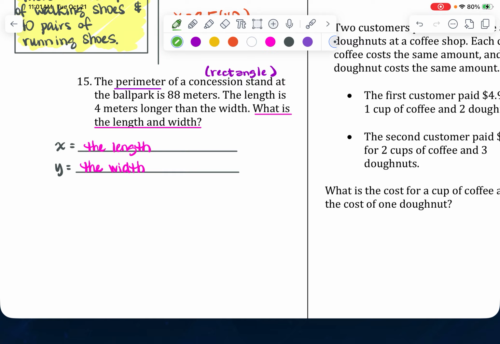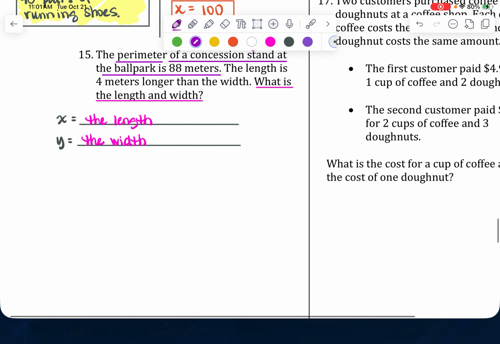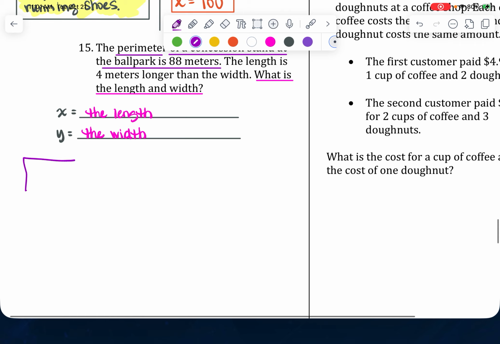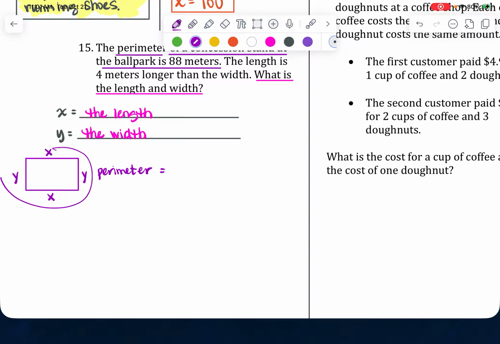All right, so here we go. We're going to go back to that very first sentence that said the perimeter is 88. Well, remember, we've talked about this in class quite a bit. I'm going to talk about it again really fast. If x's are the lengths and y's are the widths, then perimeter is adding up all the sides. So x plus y plus x plus y if I add all the way around.